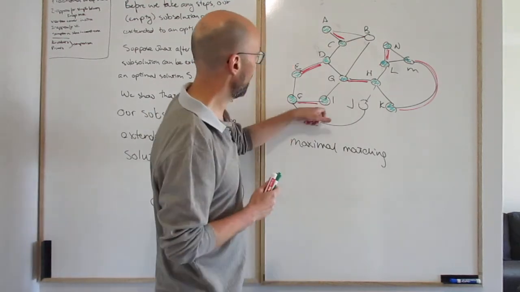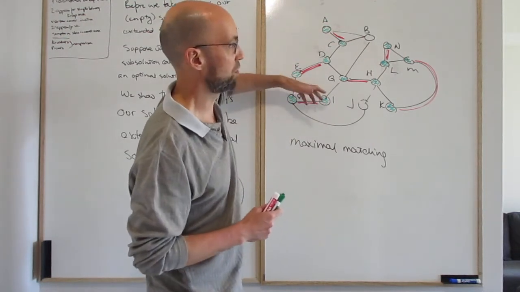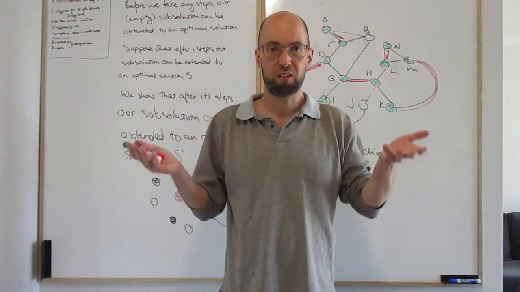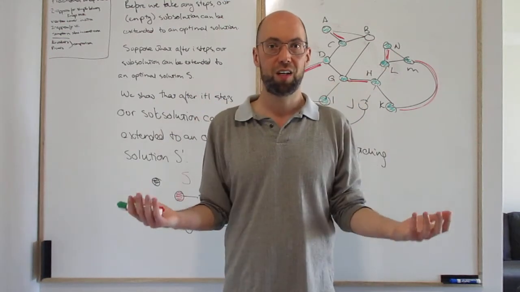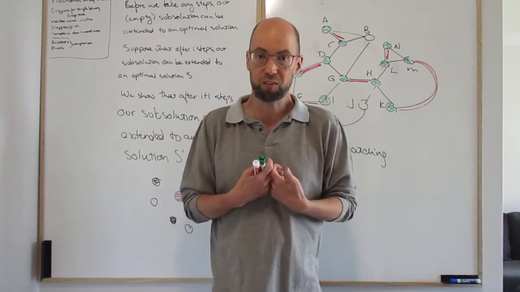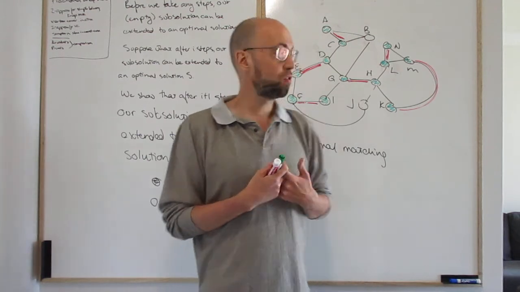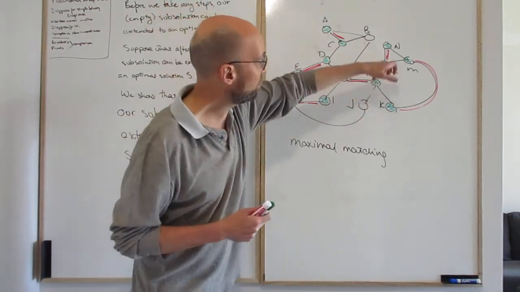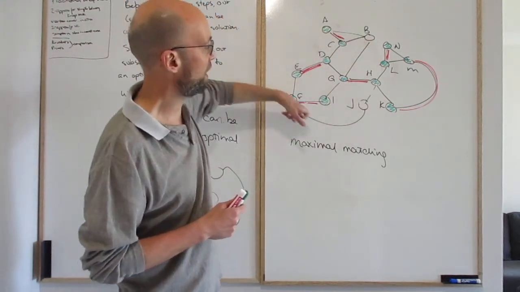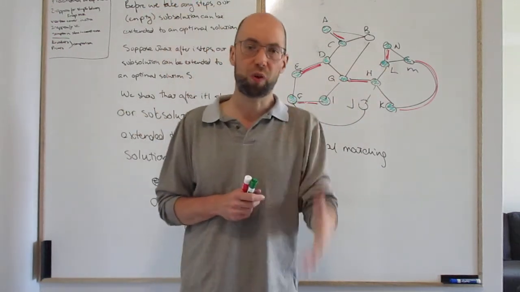And notice that in a minimum vertex cover, we can't have any vertex covering two edges in the matching, because then the two edges in the matching would be incident to the same vertex, and that would mean we didn't have a matching. So the minimum size of a vertex cover is at least the number of edges in the matching, and by taking each of the endpoints, we get at most twice that many.